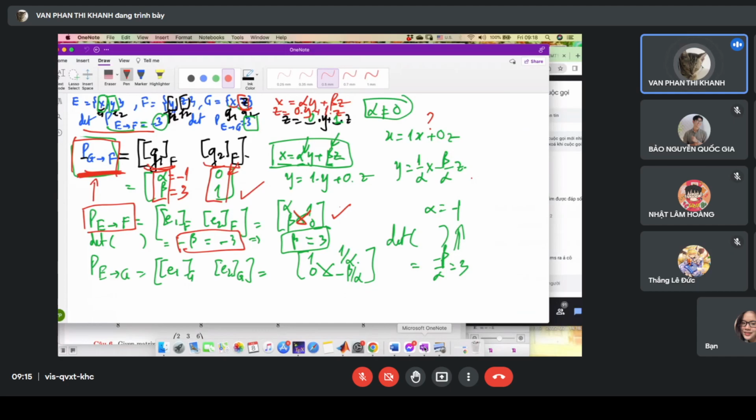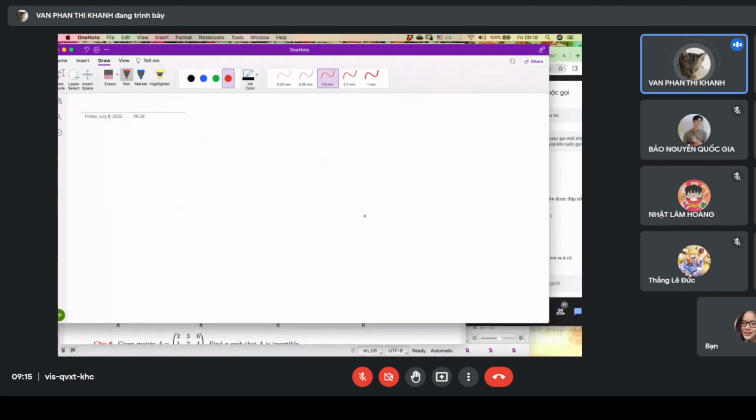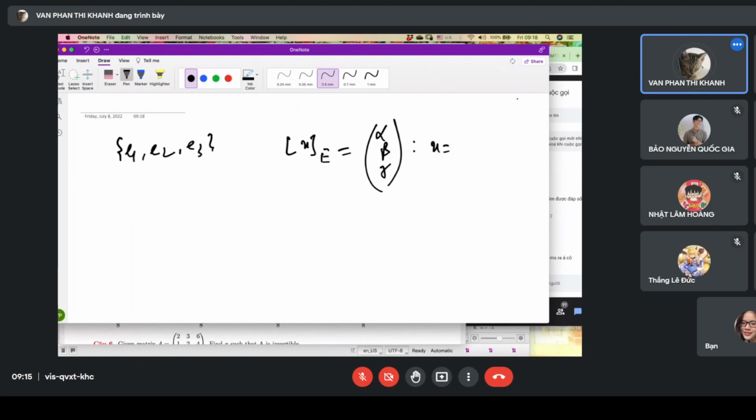If I have 3 vectors E1, E2, E3, then the coordinates of U in E is the set of 3 coefficients such that U equals what?